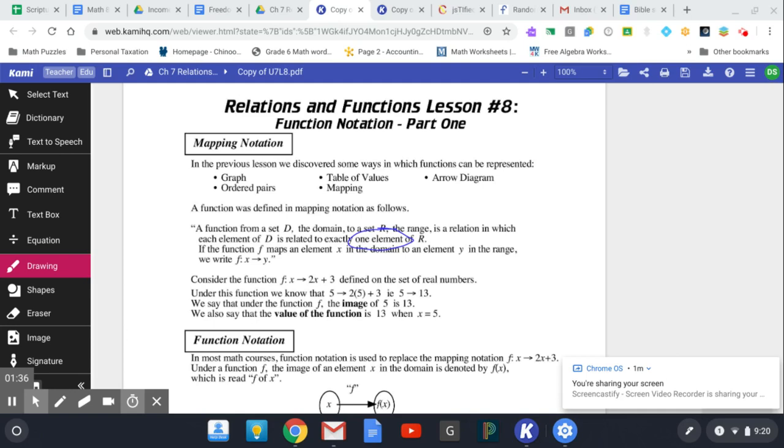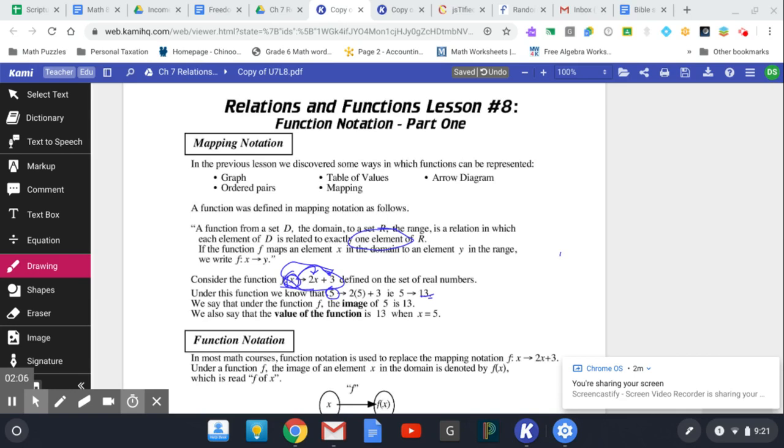What we do here is we take this 5 and we do to it what they're going to do to x. So to x, they were saying we're going to times it by 2 and then add 3. If I give you a 5 in the same machine, you're going to times it by 2, get your 10, and then add 3 and get 13. We say that under the function f, the image of 5 is 13. So when you put 5 in, what you get out is 13.